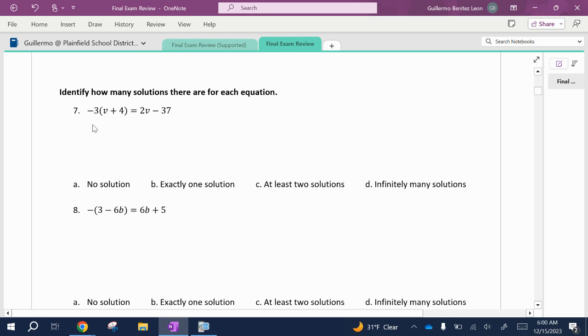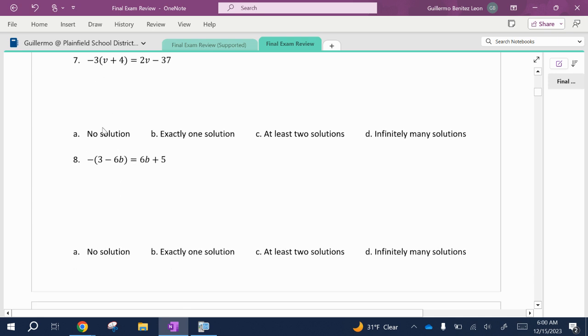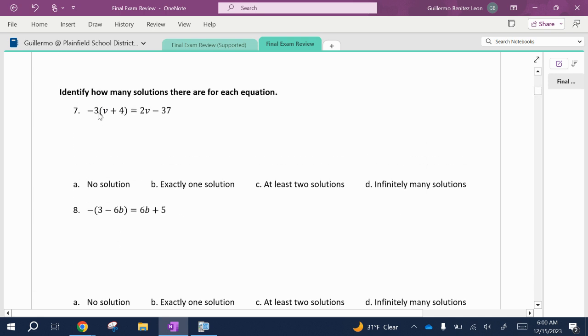I'm going to skip to number 7 and 8. Number 7 and 8, these are just general equations, but in these you'll find that we have variables on both sides, which means that we could come across no solution, infinitely many solutions. Remember that no solution is when you get a false statement. So like 3 equals 4.